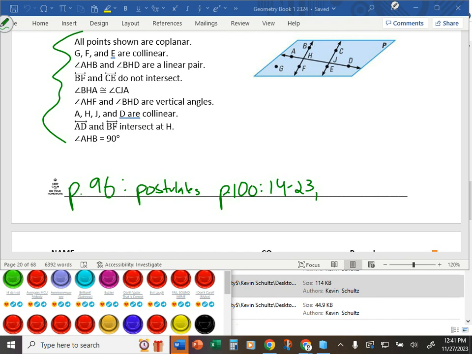Then, in addition to that, I would like you to do page 102, which is really an extension from 100, so this keeps on going on. You are to do 46 through 55.